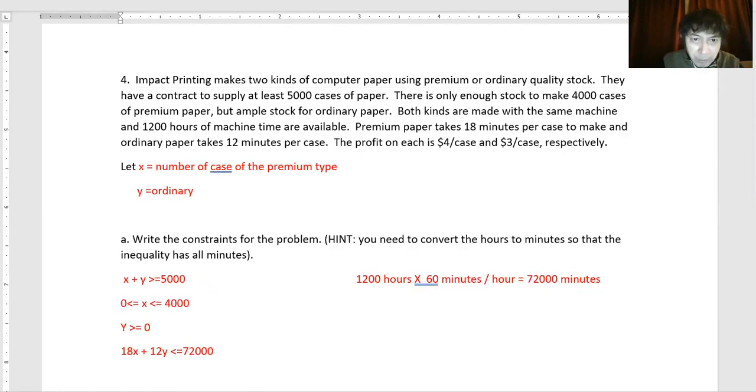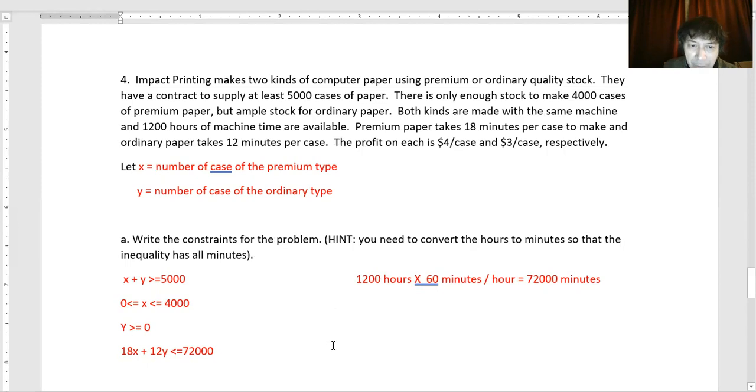Y represents the number of cases of the ordinary type of paper. So that's it. And so we continue with profit, $4 for the premium and $3 for the ordinary, respectively.